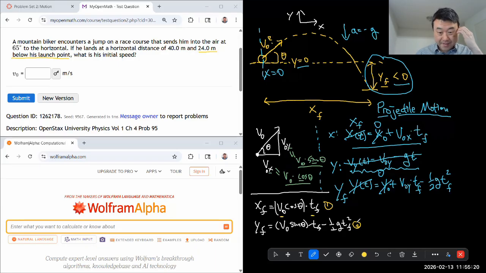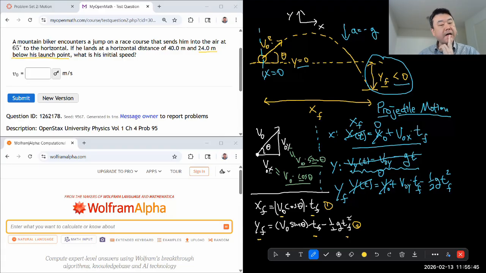But I think I'm going to have to deal with the quadratic equation maybe. So the thing that makes me worry right now is the fact that in other questions, I had been able to cancel out a factor of time. Here I can't because this is not 0. So I have an equation that's second order in time and I'm kind of stuck there.